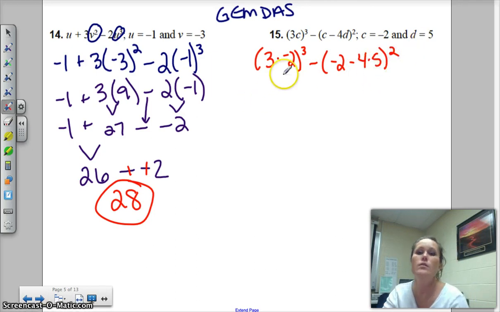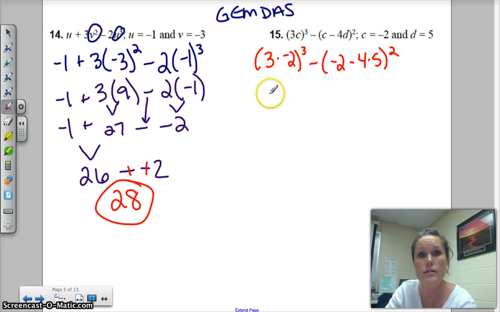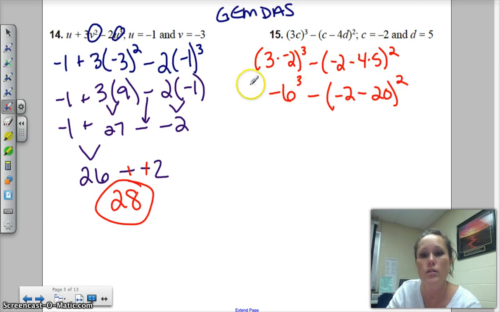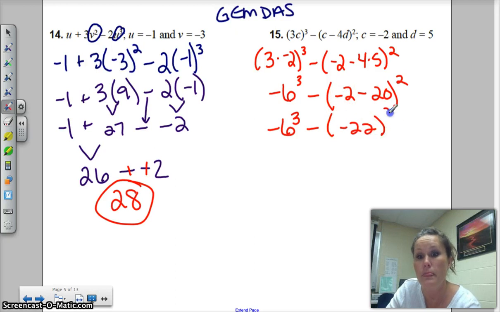Okay, so within parentheses are my grouping symbols. 3 times -2 is -6 to the third power, minus -2 minus 20 squared. I'm still doing my grouping symbols.